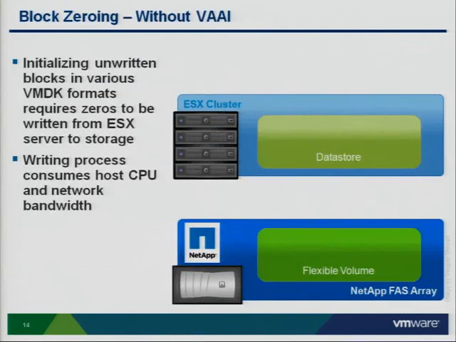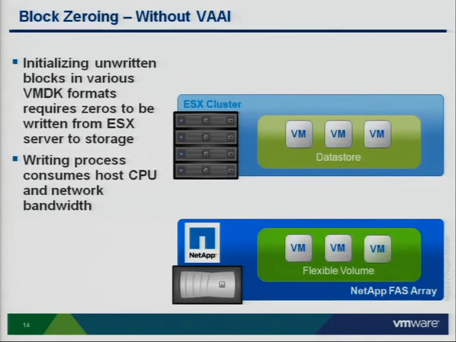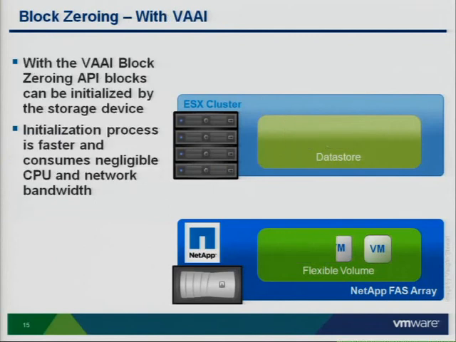In the next example, showing here is block zeroing without VAAI. Traditionally, the use case example here is if I request to clone an eager zeroed thick disk. And so in this case, ESX would have to issue the write to the first block, write to the second block, write to the third block, multiple write commands until the list of block range is completed. With VAAI block zeroing, much more simple.